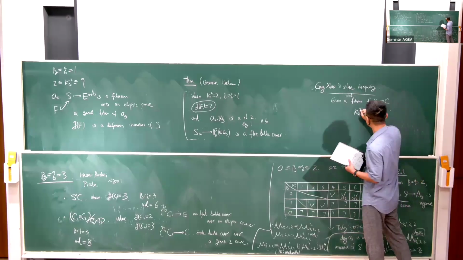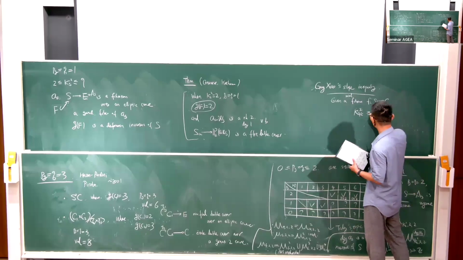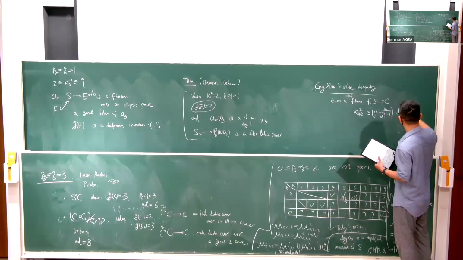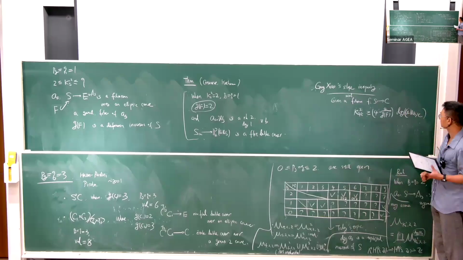So it says that the self-intersection of this line bundle is at least 4 minus 4 over GF times the degree of the base. Okay, we have this inequality.